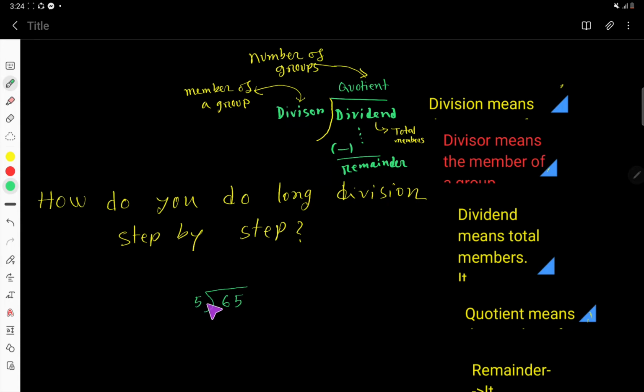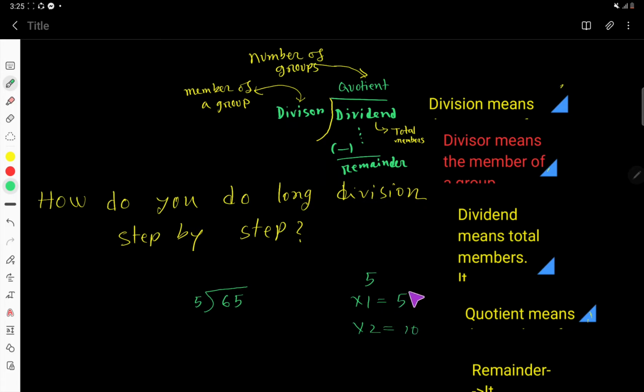Our first step is to divide. 5 goes into 6 how many times? We need the multiplication table of 5. 5 times 1 gives us 5, right? Then 5 times 2, just add 5 with this 5, 10. You don't need to memorize the multiplication table, just follow the method that I am saying.